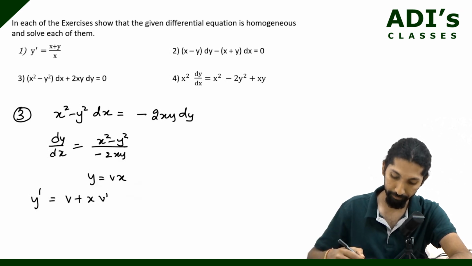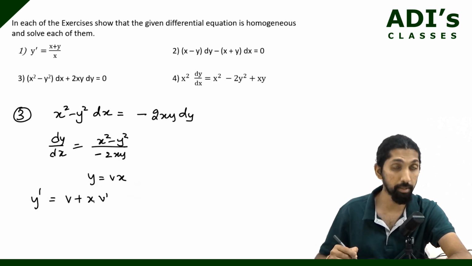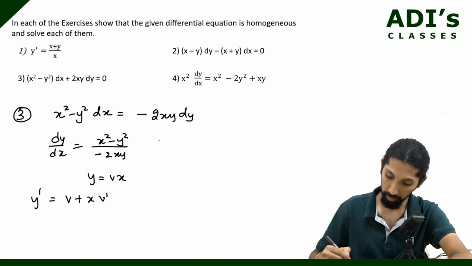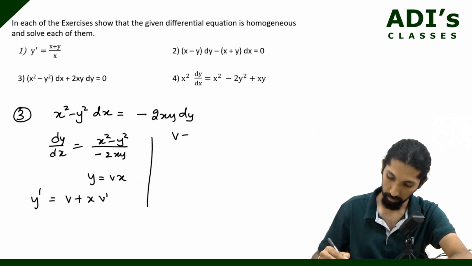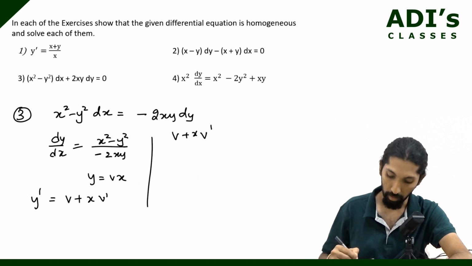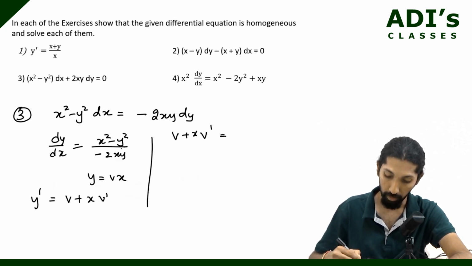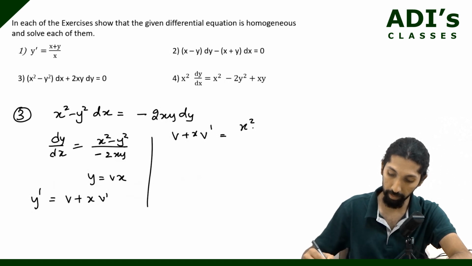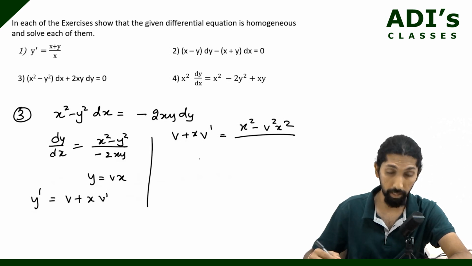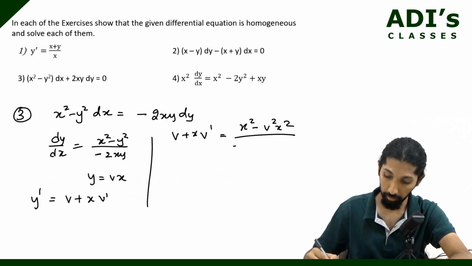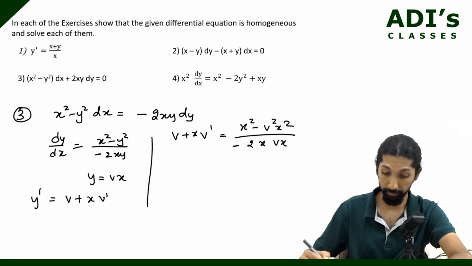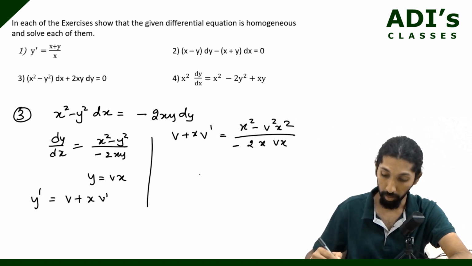So you will get y dash is nothing but v plus x v dash. v plus x into v dash is equal to, now, x square minus v square x square divided by minus 2 times of v x square, correct? So this is what we have.